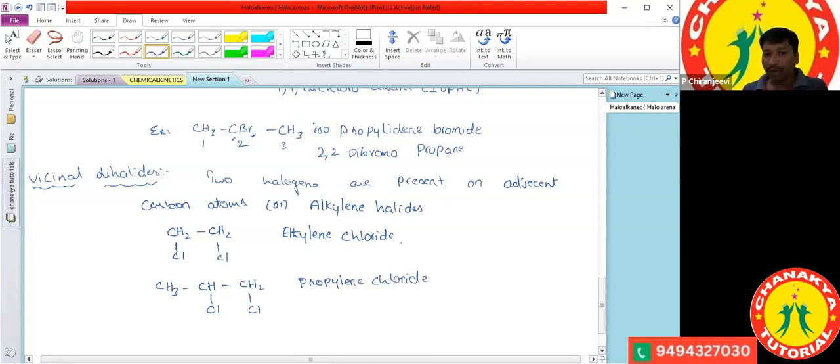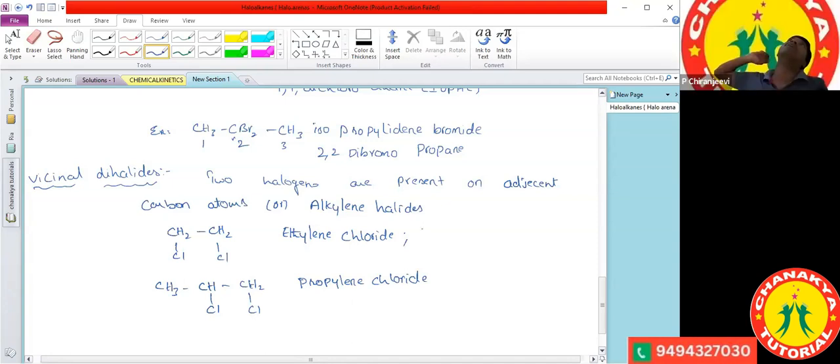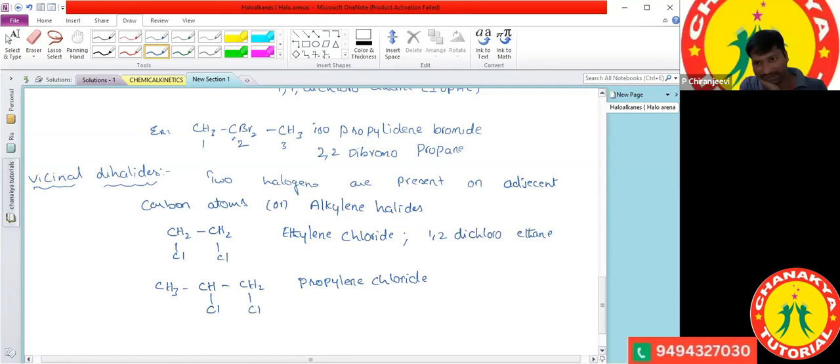And what is the IUPAC name of the first structure? Any one of you? Samhita: 1,2-dichloroethane. Okay, so the IUPAC name of the first one is 1,2-dichloroethane. Next, what is the IUPAC name of the second structure? Samhita: 2,3-dichloropropane.